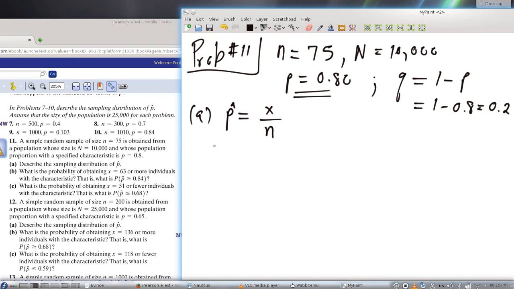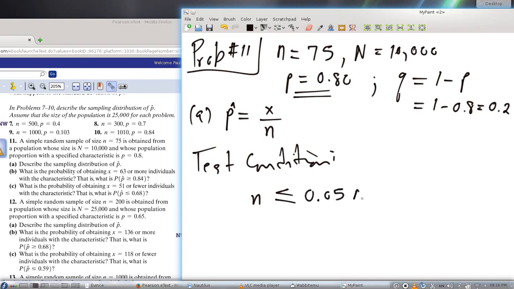And now the first one, you can see that by default, if the population size is given to us, then we have the condition, and the test condition we will use is as follows. So here is that we need to test whether the sample size is actually at most 5% of the entire population size.